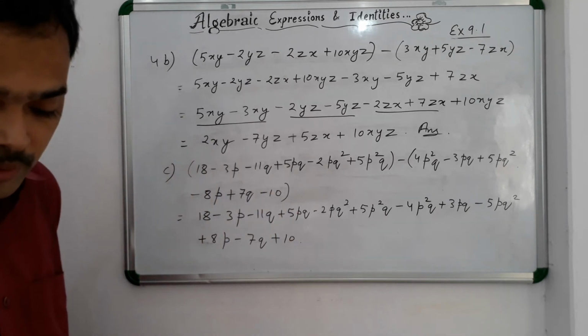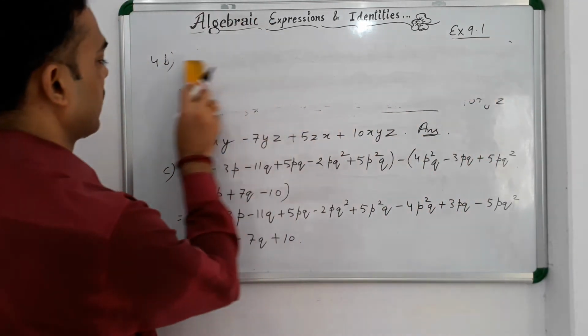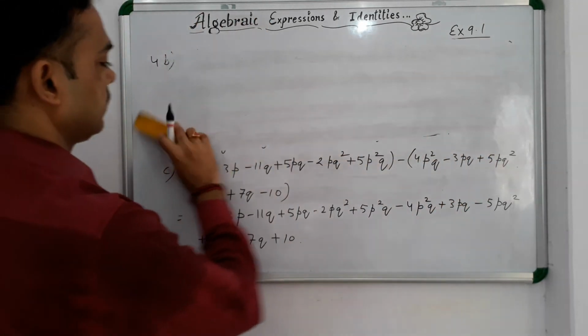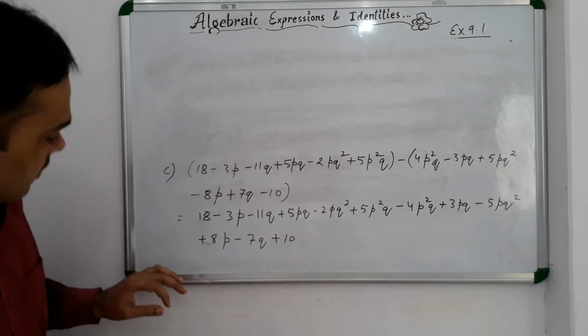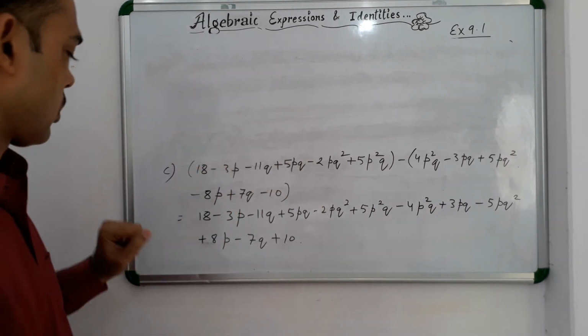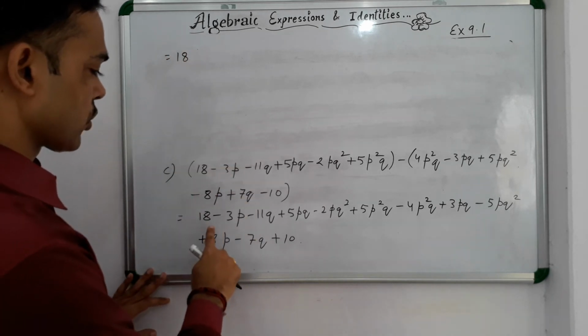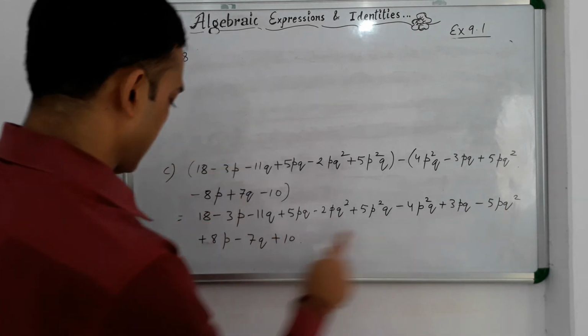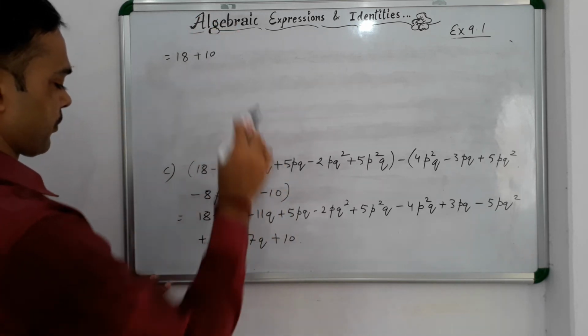Now what we will be doing after this is, we will be arranging the terms. Now when we are arranging the terms, this is constant, so 18. Where do you else find the constant? You find the constant at the end, that is plus 10.